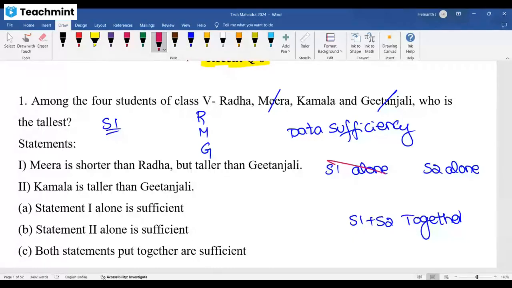Kamala is taller than Geetanjali. Statement two alone: Kamala is taller than Geetanjali. Two alone is also not sufficient because I don't know, using this, what about Radha and Meera. I cannot decide. Now together. If you go for both statements together, we know using statement one this is the situation.